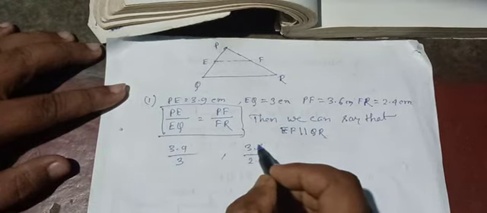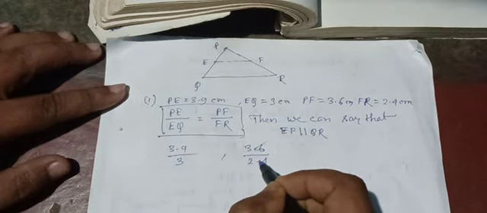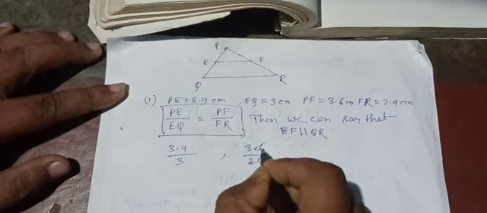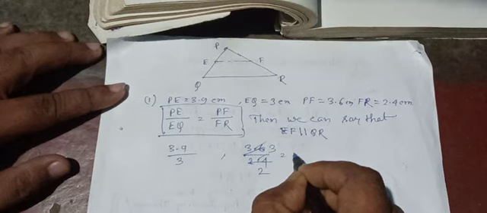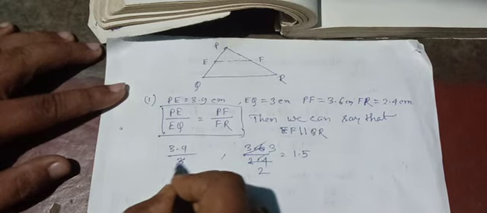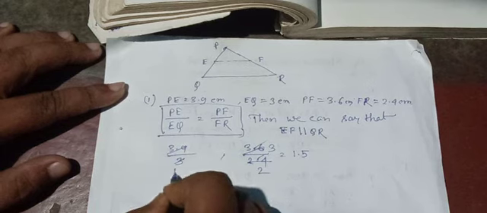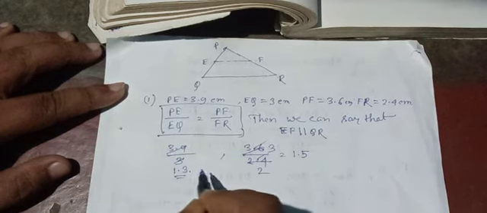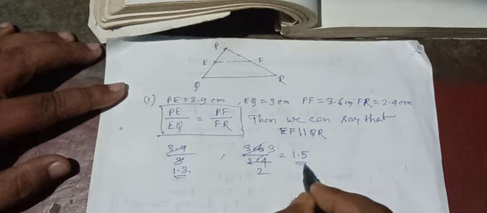If we compute it, this value is coming 1.3 and this value is coming 1.5. So as we can see, the ratios are not the same.